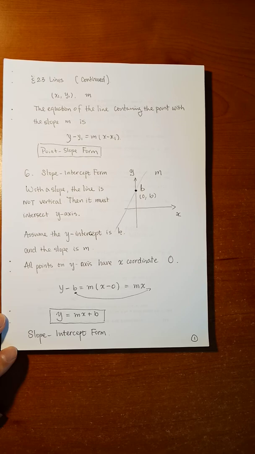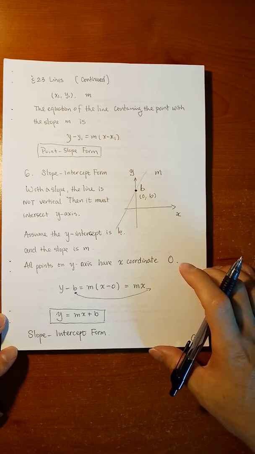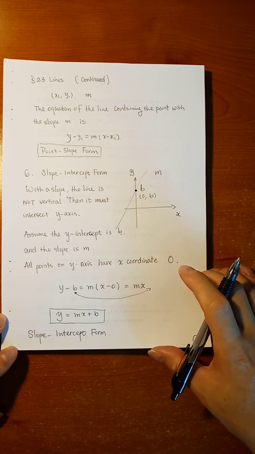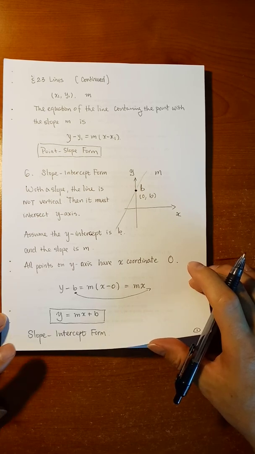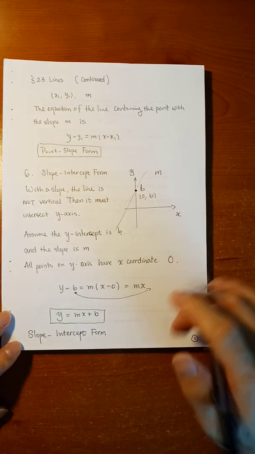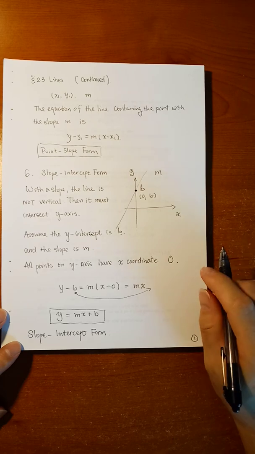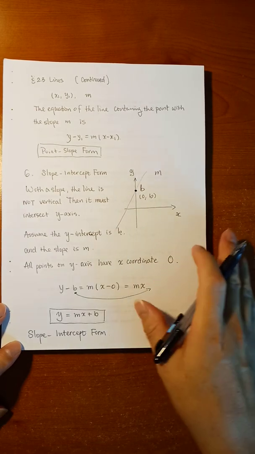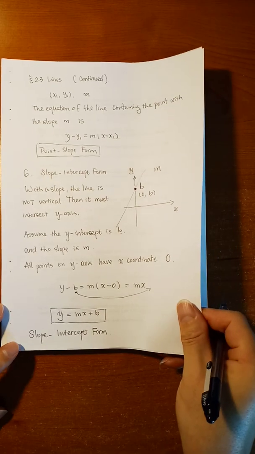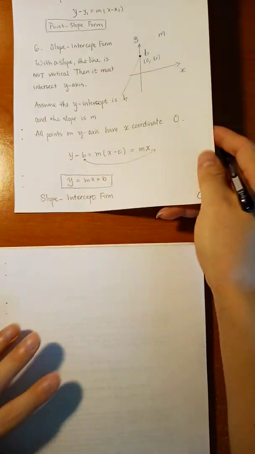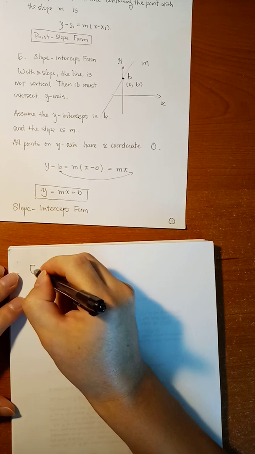Here, intercept means the y-intercept. So whenever you have a y-intercept and you have the slope, you can directly write down the equation. Let's check an example.